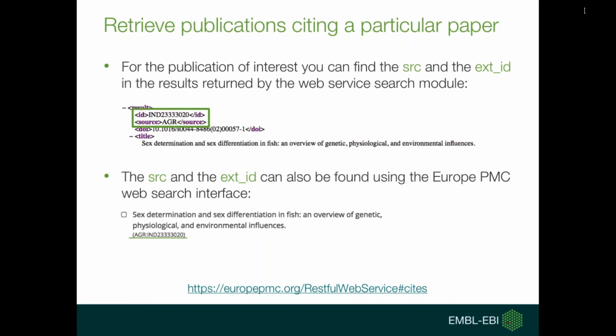Note that all the full-text articles in Europe PMC come from PubMed Central, and most have a corresponding PubMed abstract record. Each full-text article, therefore, has a unique PMC ID, and most have a corresponding PubMed ID, or PMID. In these cases, the PMC ID and the PMID can be used interchangeably to retrieve the same results.